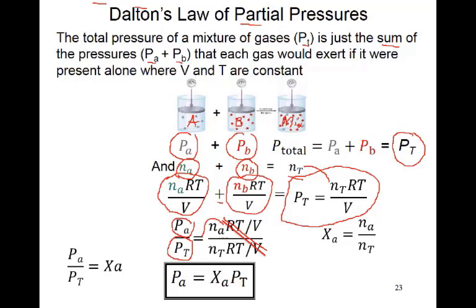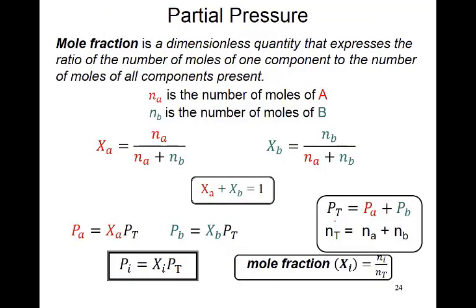NA upon NT. This NA upon NT is a new term that is called XA. So XA is equal to NA upon NT, and this new term is called mole fraction.